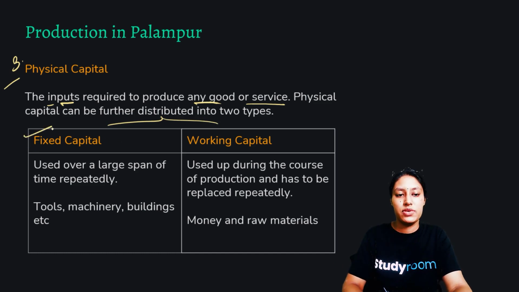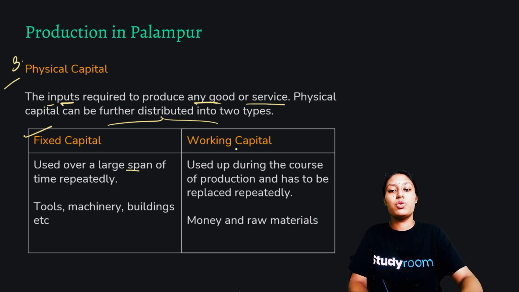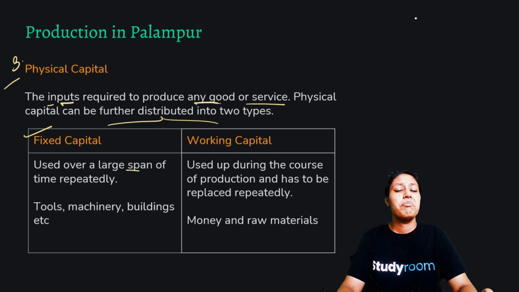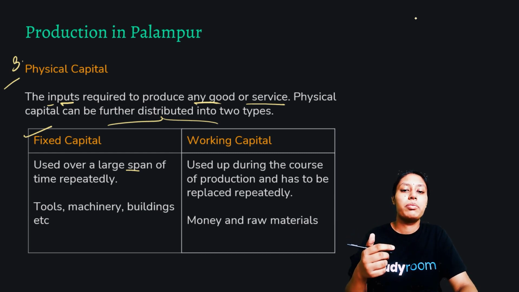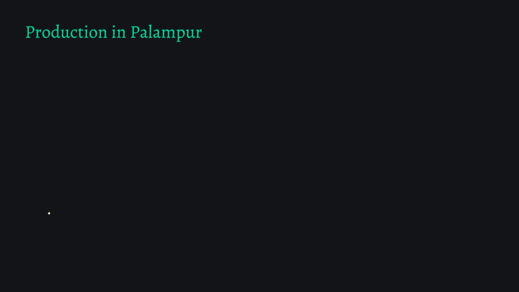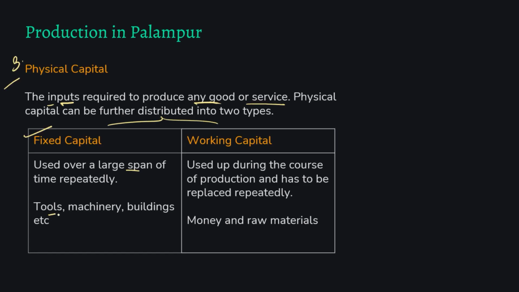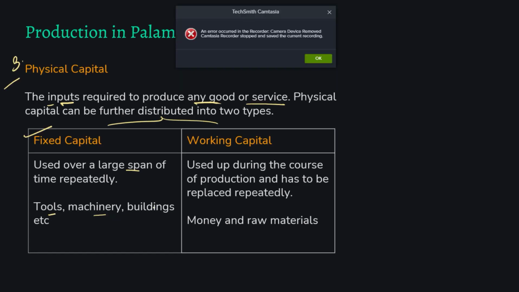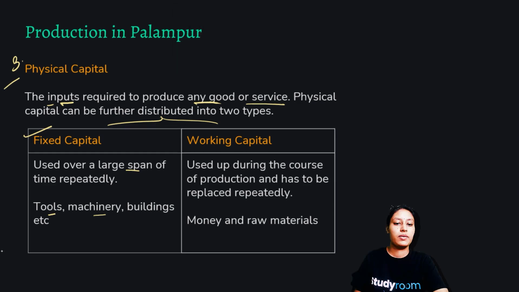One is fixed capital. Fixed capital is used over a large span, and is majorly required one time. It does not have to change every day. These are tools, machinery, buildings, etc.